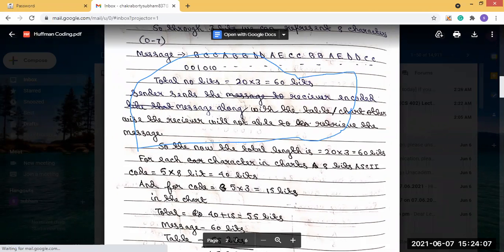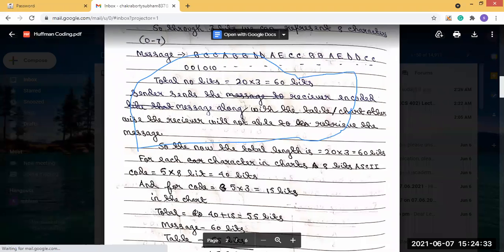You should be familiar with these terms, which are all part of networking: encoding and decoding. Encoding means compressing the message, and decoding means decrypting, or decompressing the message to its original form.